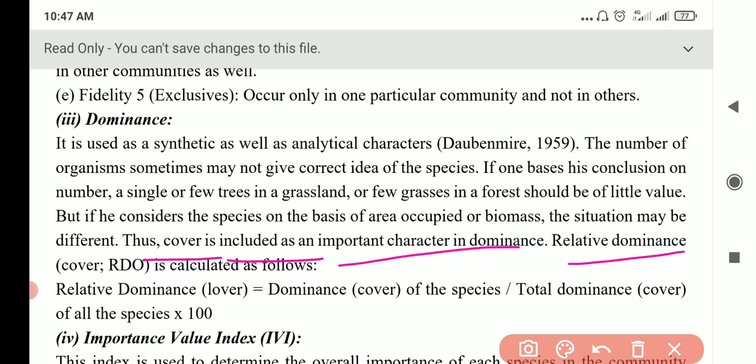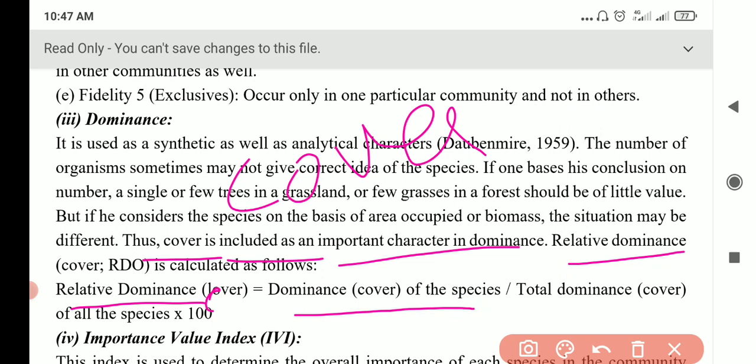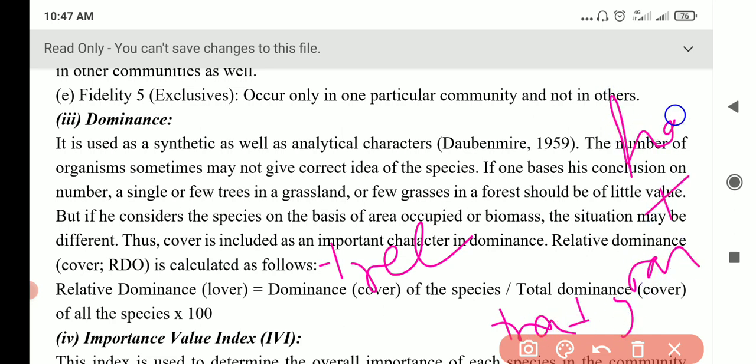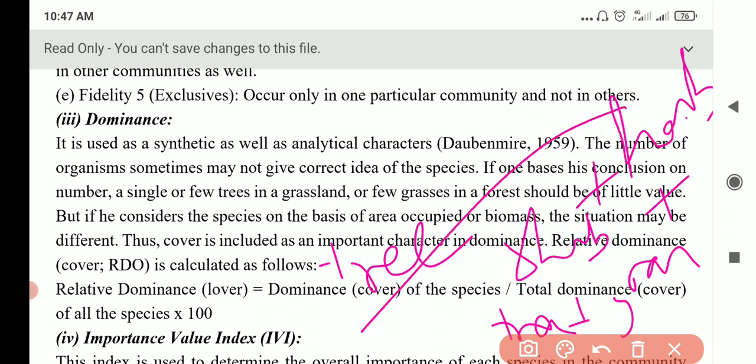So let's look at how to calculate relative dominance. This is not lover, it's cover. Relative dominance cover is equal to the dominance cover of the species divided by the dominance cover of all the species, times 100. So let's say for tree, it will be tree plus grass plus herbs plus shrubs in the denominator. If you find that tree is just 1%, you know that it must be another community.